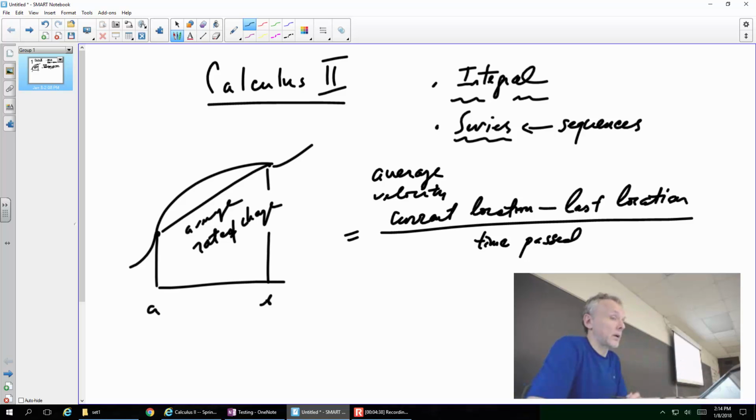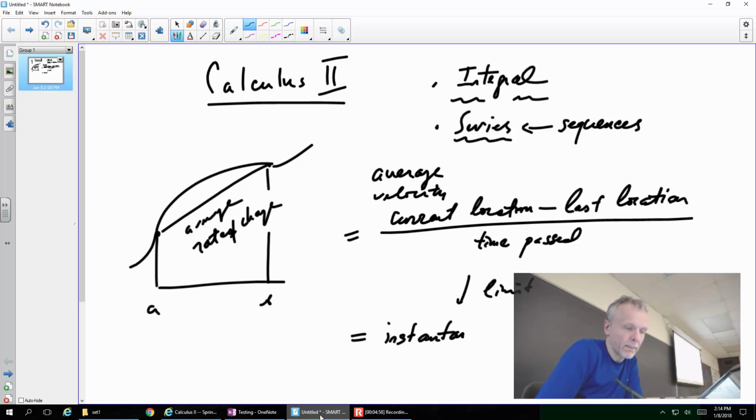If you want the instantaneous velocity, you take the limit, with time passed going towards 0, and the end result is the instantaneous velocity, or the derivative of the location.